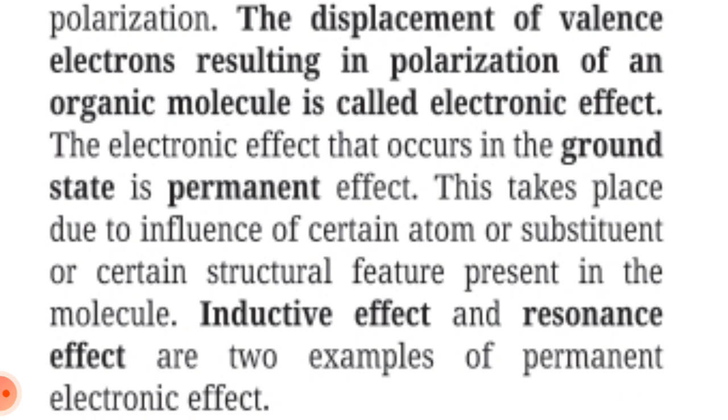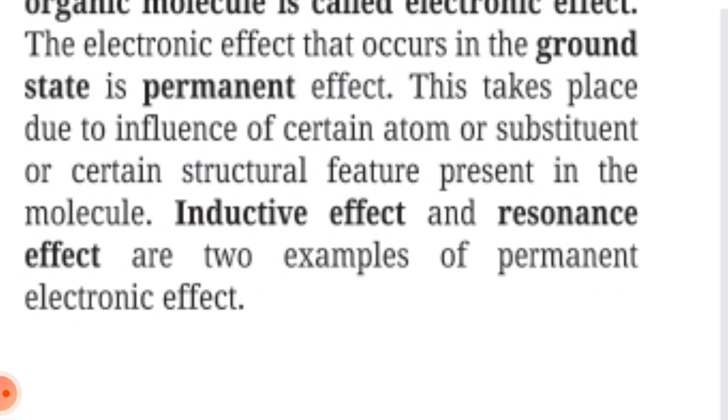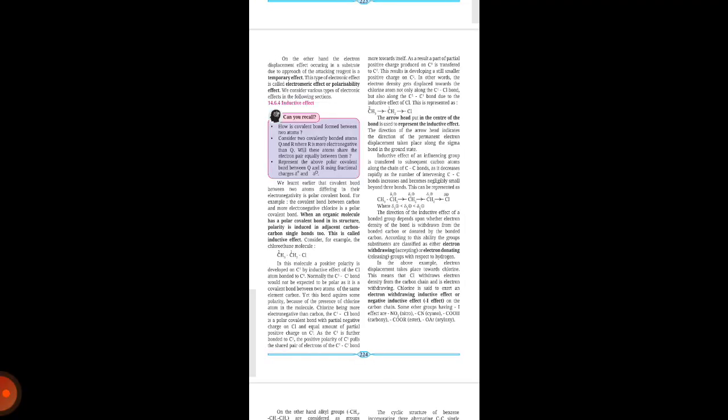The electronic effect that occurs in the ground state is a permanent effect. This takes place due to the influence of certain atoms or substituents or certain structural features present in the molecule. Inductive effect and resonance effect are two examples of permanent electronic effect.